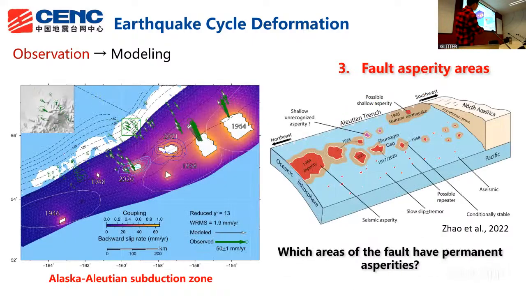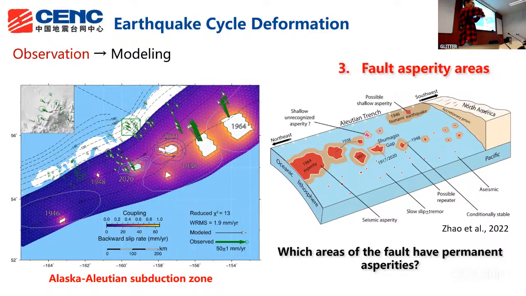And third is the fault asperity areas. Besides the large stress focused on the fault plane, seismologists think there must be some big barriers and irregularities on the fault plane.